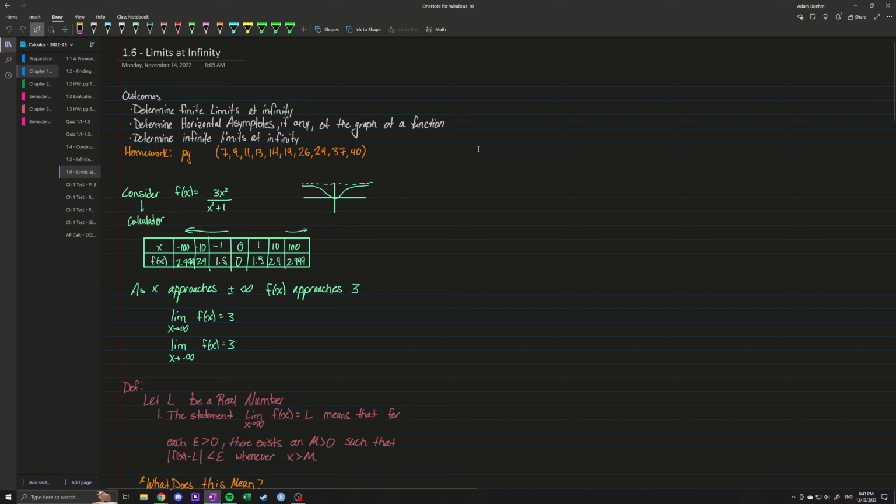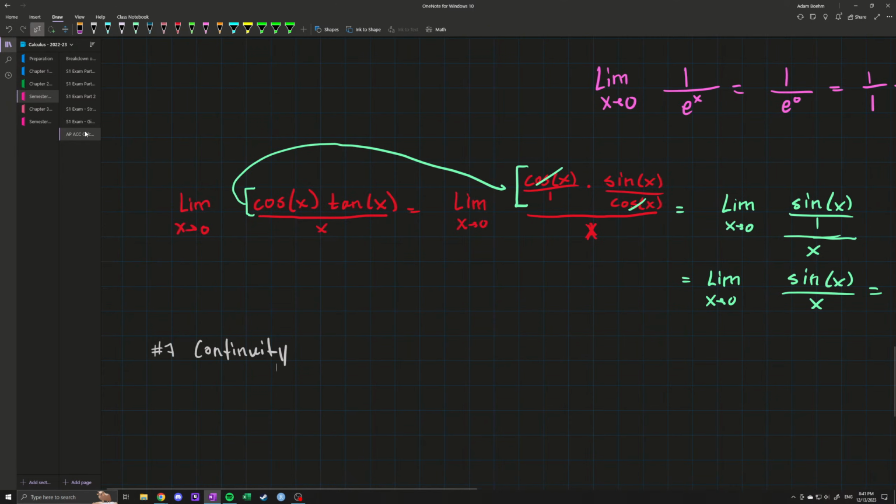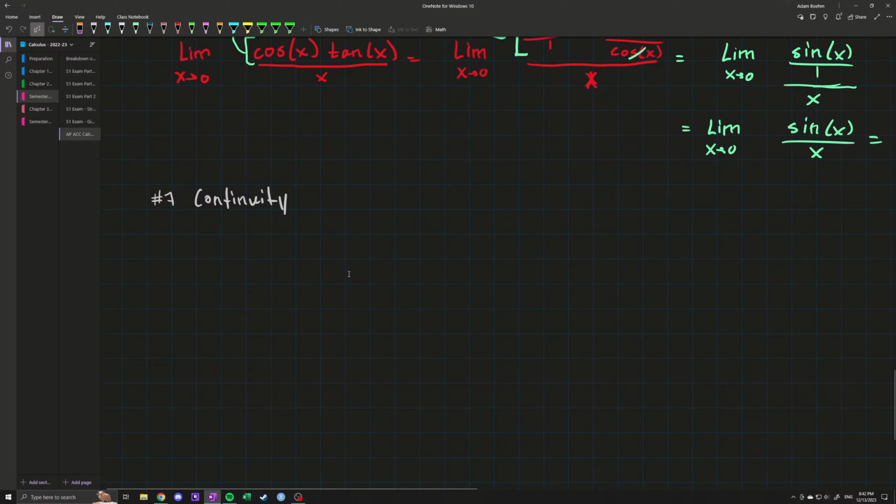Koenig, if you could take a picture of the problem and then email it to me, I'll do it. I don't know which one you're talking about. In the meantime, I'll do 18 and 19 on that chapter 1 test. I'll table that.